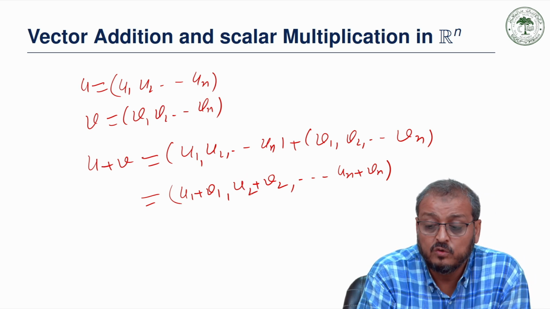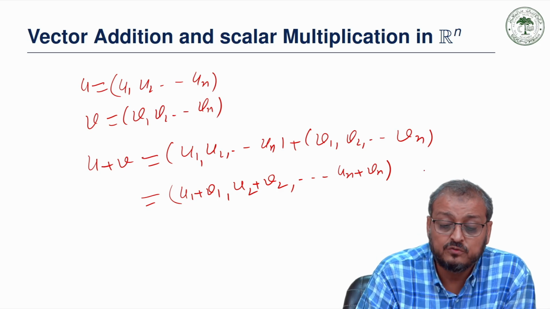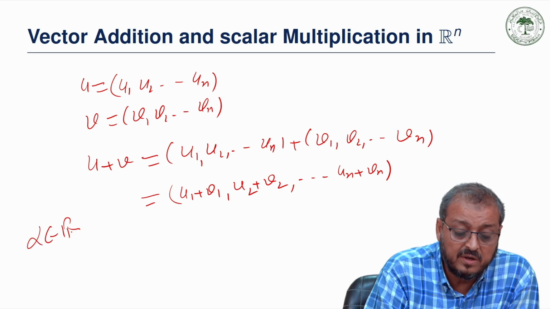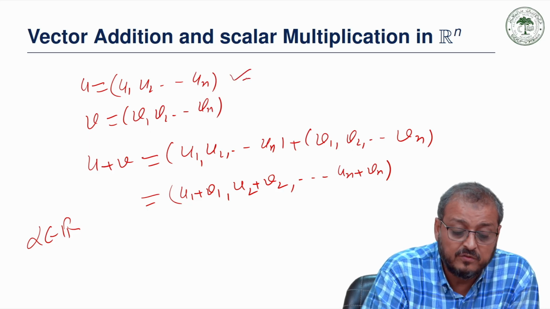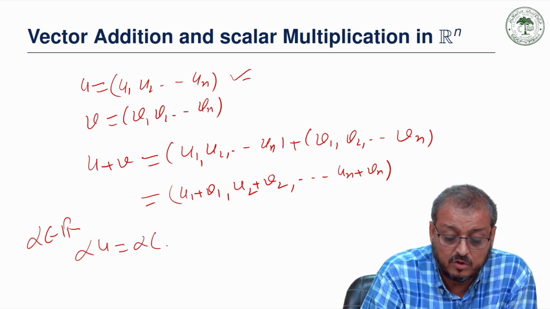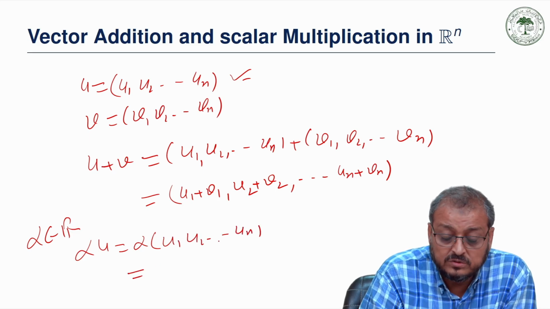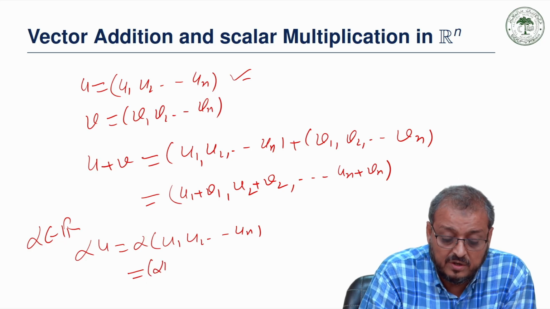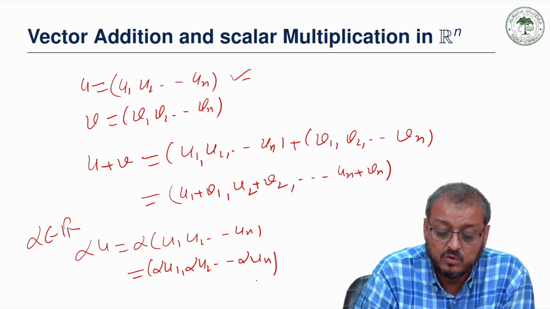So addition of two vectors is defined in this form. For scalar multiplication, suppose alpha is any real number and u is an element of Rn. Then alpha times u can be written as alpha times (u1, u2, up to un). Scalar multiplication is defined component-wise, so it is (alpha times u1, alpha times u2, alpha times un).